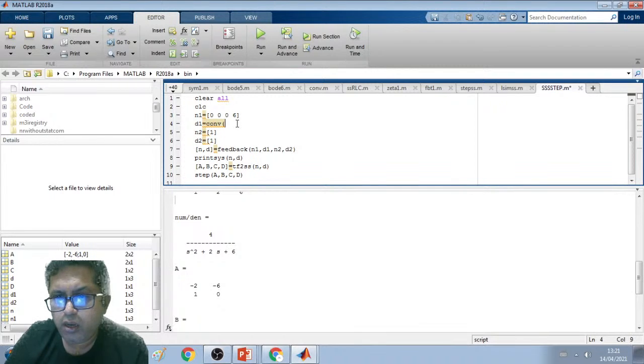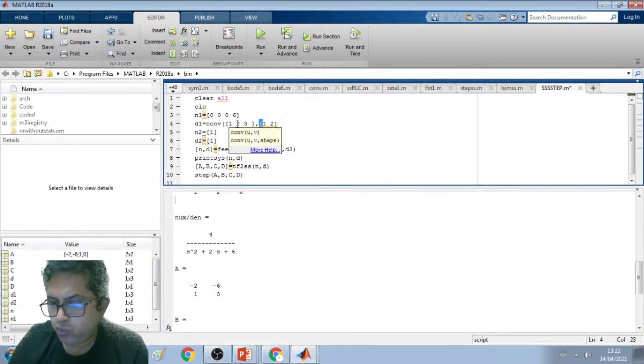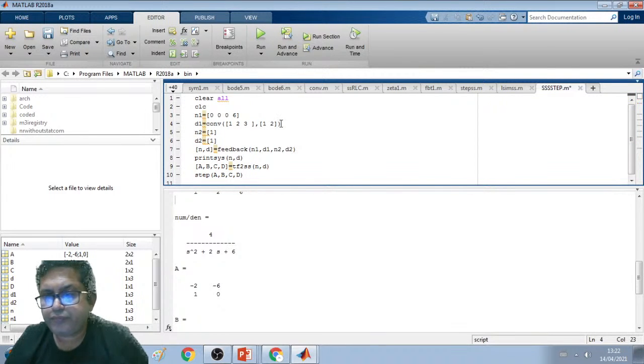This will be equal to convolution of 1 2 3, in bracket, comma, convolution of 1 and 2, like this. Fine. So this is okay.